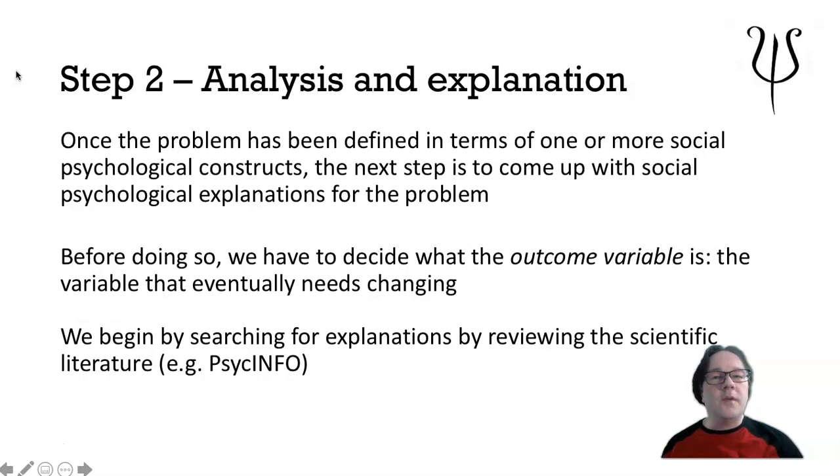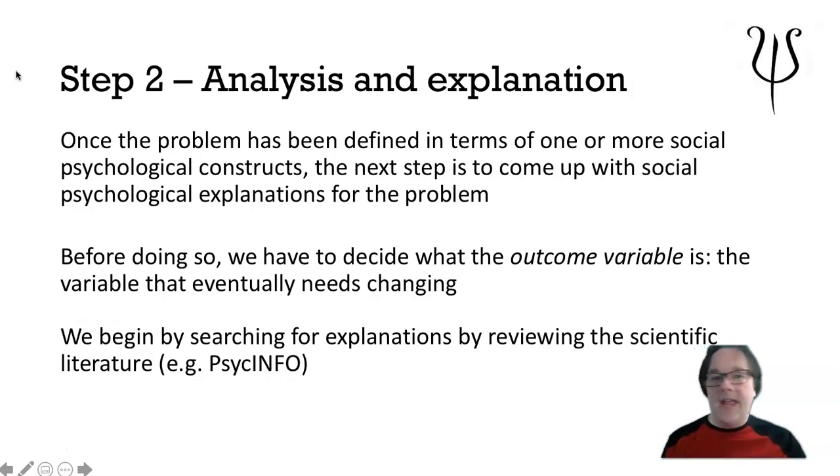Before we can do this, we have to decide what the outcome variable is going to be. Essentially, what is the variable that is going to need changing? It's a little inaccurate to say that before we can explain we need to know what the outcome variable is.